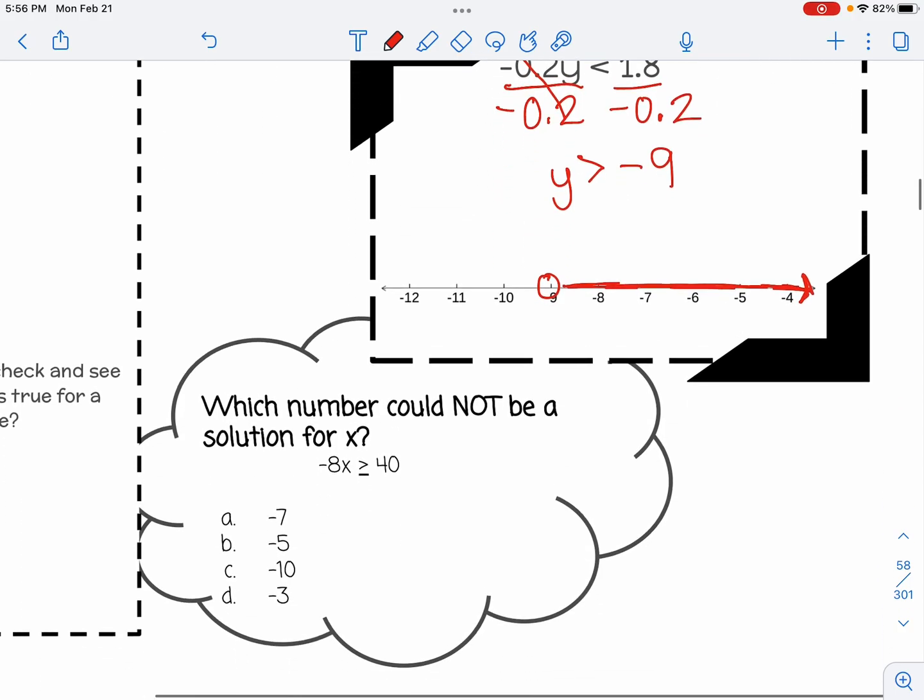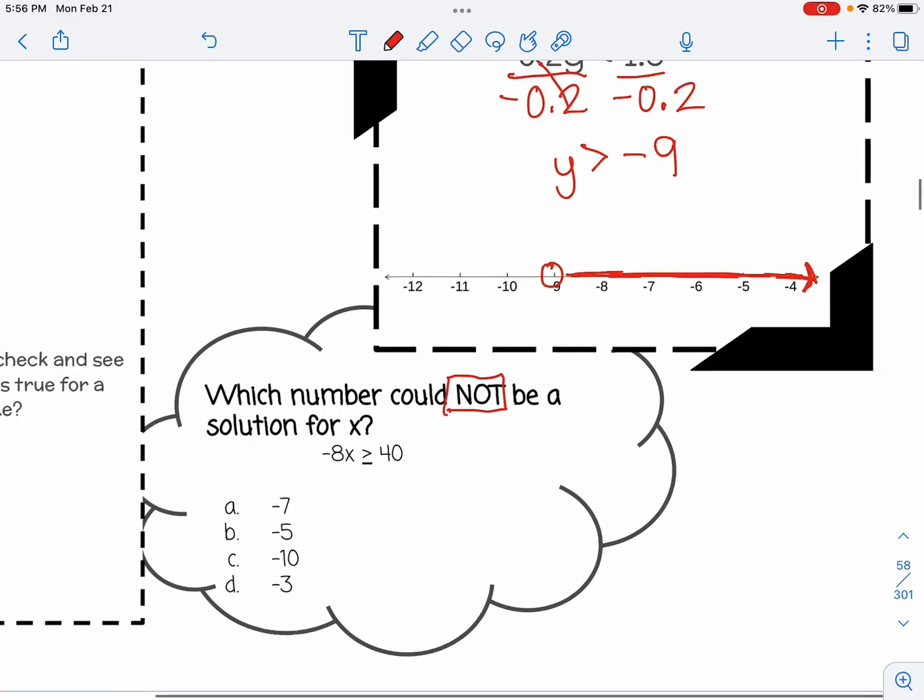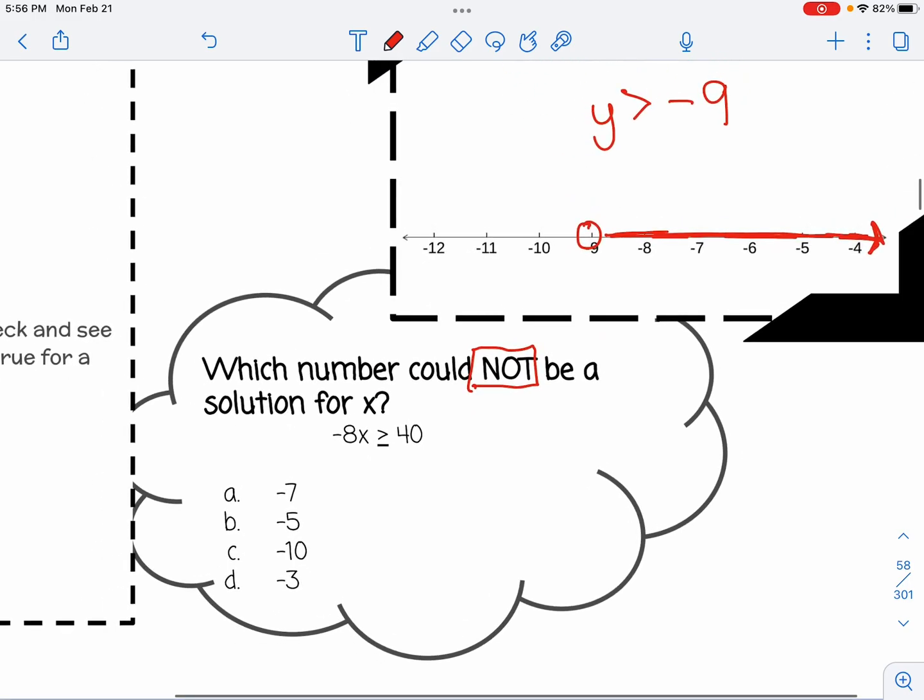All right. Which number could not be a solution for x? Okay, so how do I know if it would be a solution for x or not? Well, all I do is I substitute the numbers in for x and see if, when I multiply it by negative 8, my answer is going to be greater than or equal to 40.